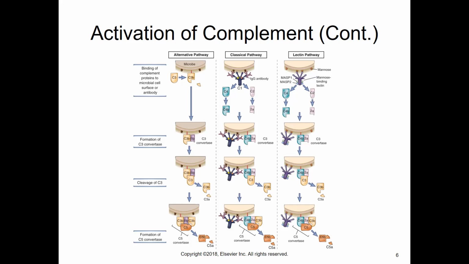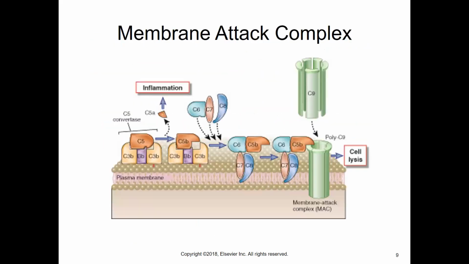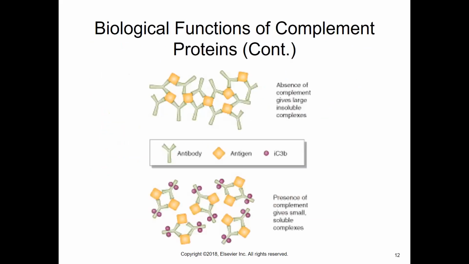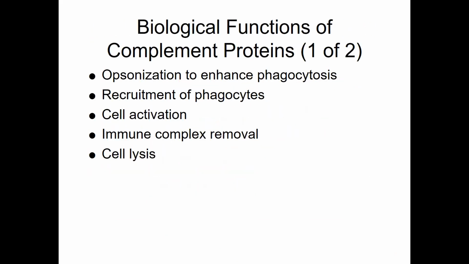Okay. So the biological effects of complement activation. After the bullets, the activation of complement and the products formed during the complement cascade have a variety of physiologic and cellular consequences.